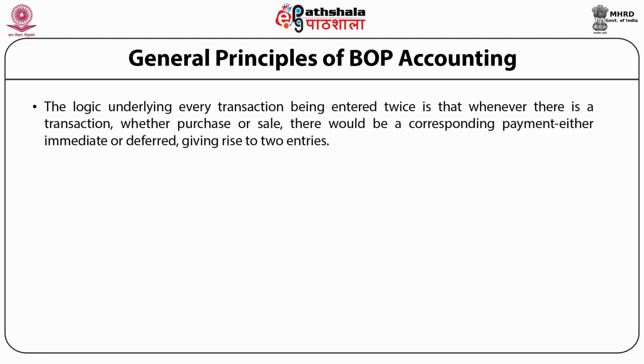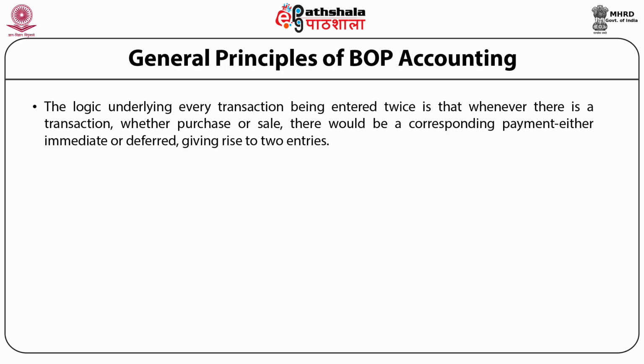The logic underlying every transaction being entered twice is that whenever there is a transaction, whether purchase or sale, there would be a corresponding payment, either immediate or deferred, giving rise to two entries.